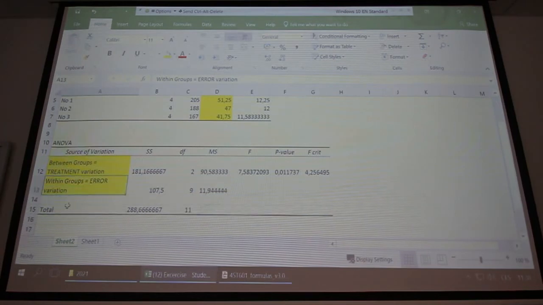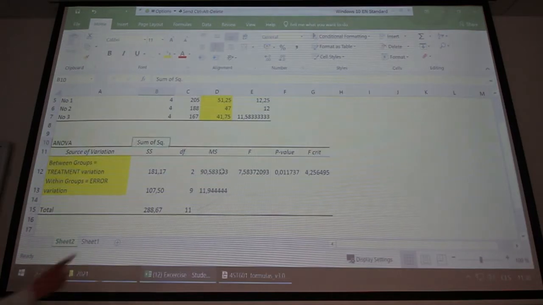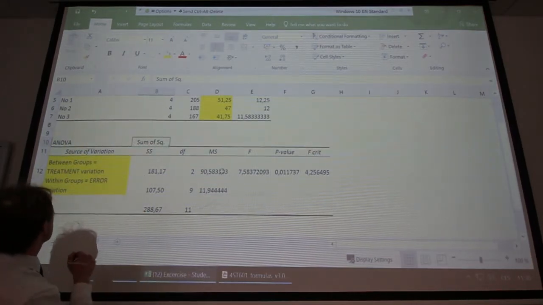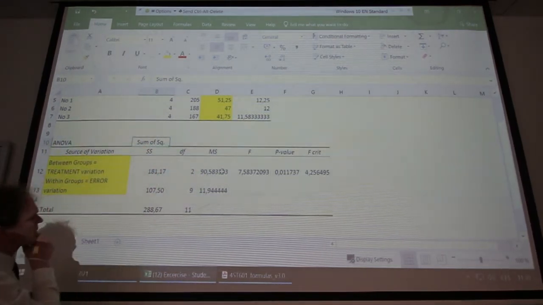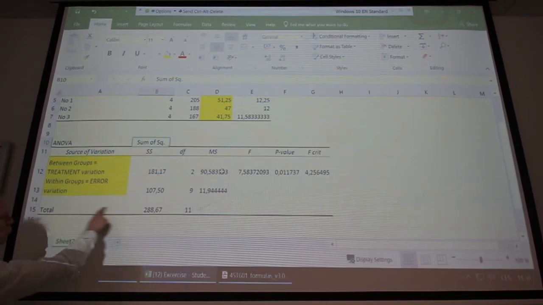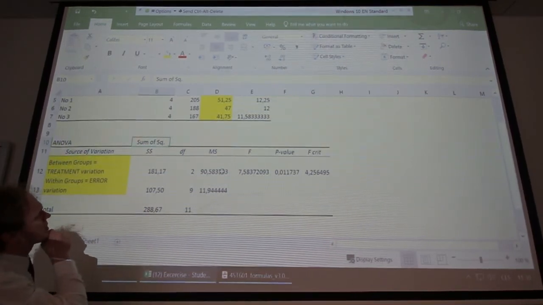Okay, and there we have total. Total is total. So, do you remember when I calculated for you sum of squares? This is here, we have here SS, sum of squares treatment, sum of squares error, and total sum of squares.